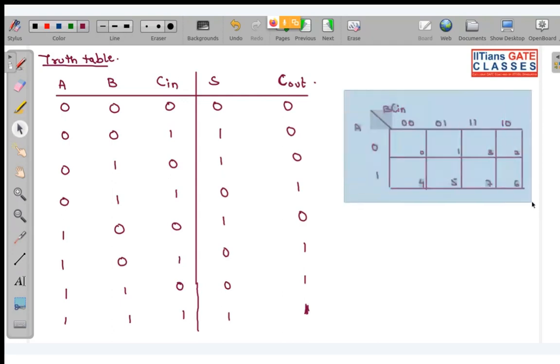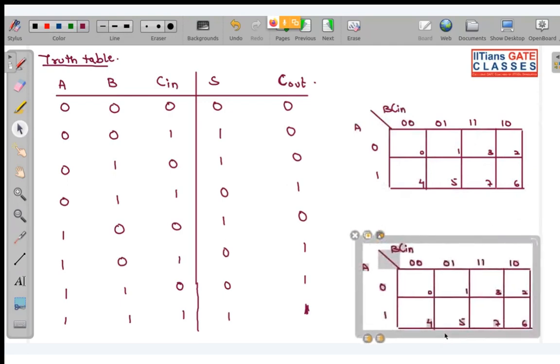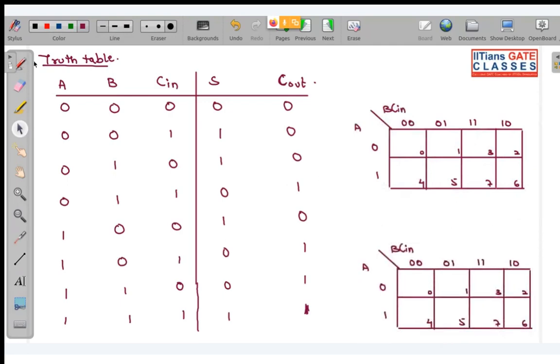It is necessary, or else you won't understand, because I will be taking help of the previous sessions also. First I am writing S. At this place, this place and this place it is 1. So this corresponds to 1, 2, 4, 7. I have already told you that such a K map is basically that of an XOR, a 3 variable XOR.